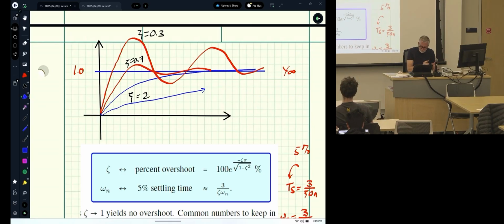It's not going to oscillate. So you want the damping ratio to be small enough that you get a fast response, but not so small that you get tons of oscillation and it takes a long time to actually die out.